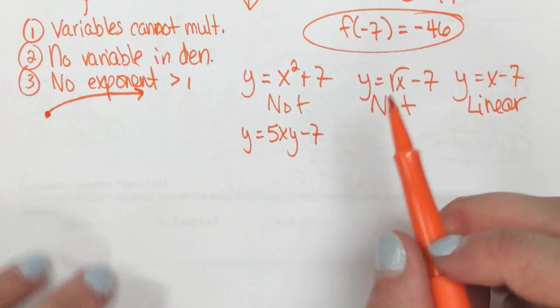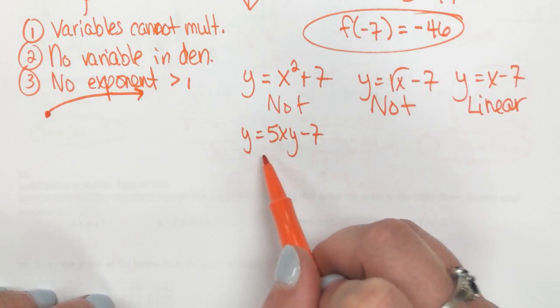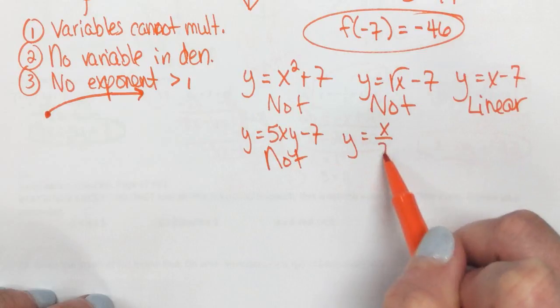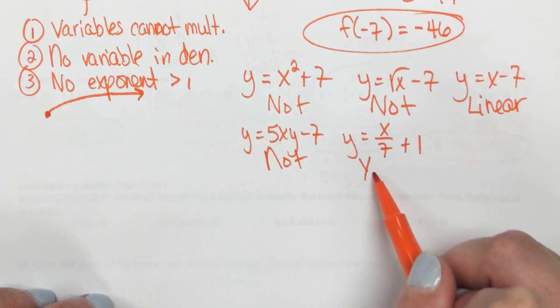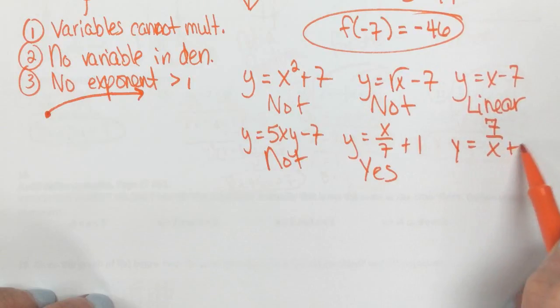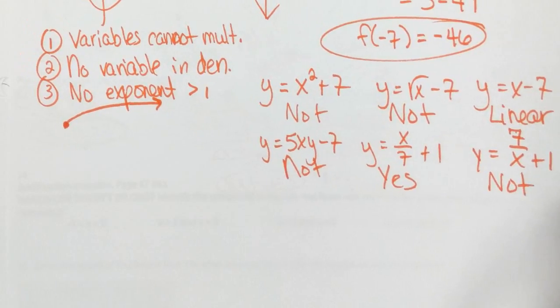Not linear, because the two variables are multiplied together. What about this one? Yes, because it's not in the denominator. What about that one? No, because the variable's in the denominator, right?